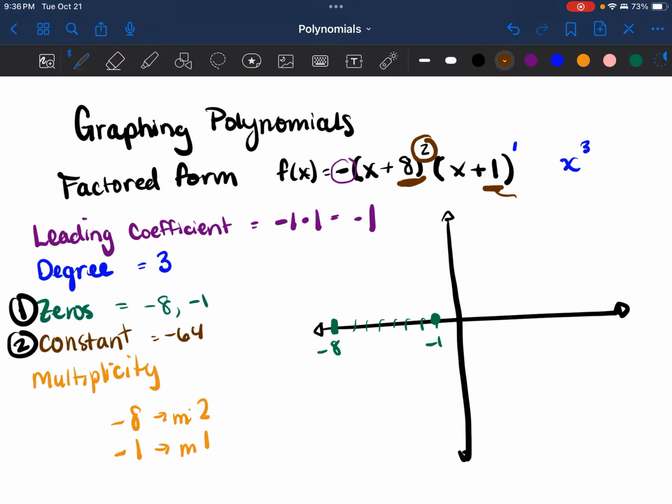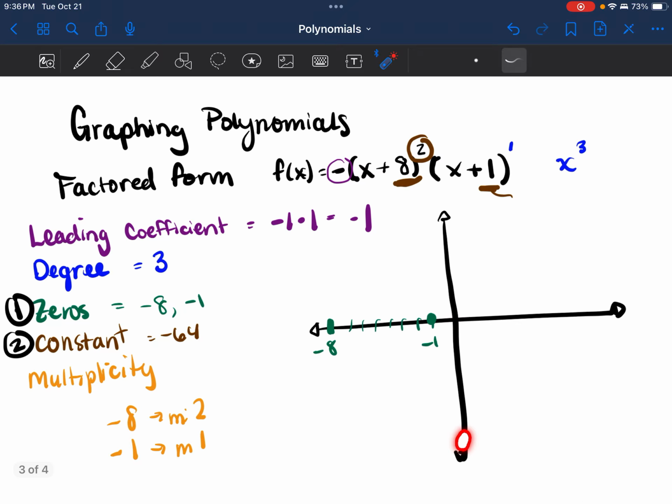I also have a constant at -64. I don't have to go through and make all of the tick marks here. It's just more important to know that the constant is here on the negative y-axis rather than up here on the positive, because then I'll know another point where my graph can go.